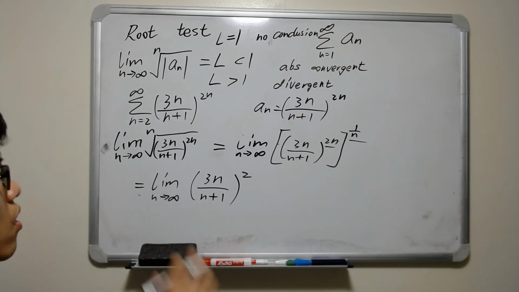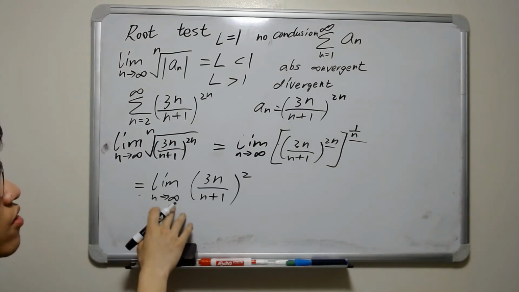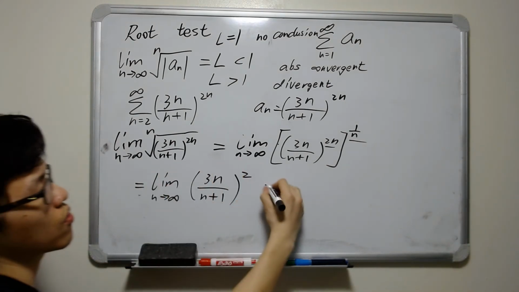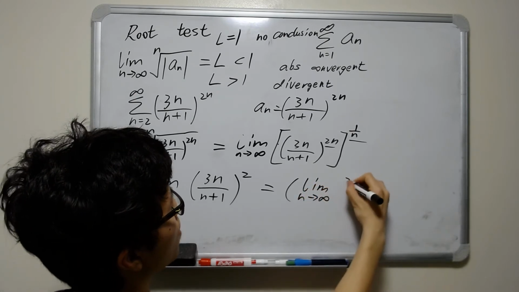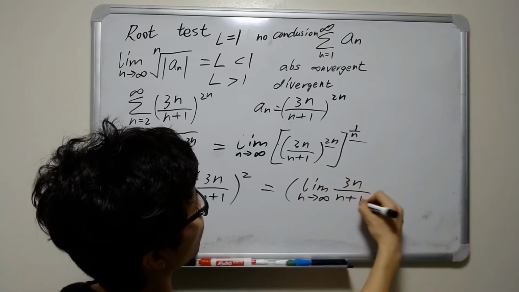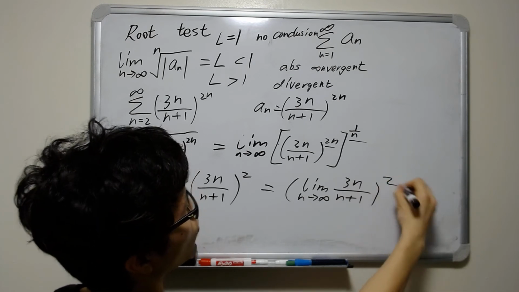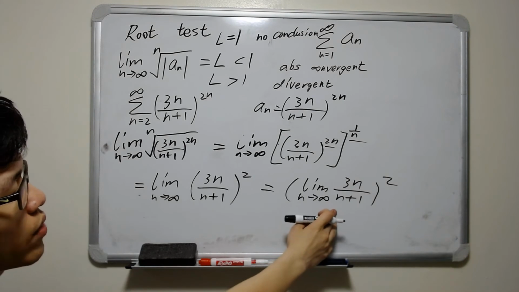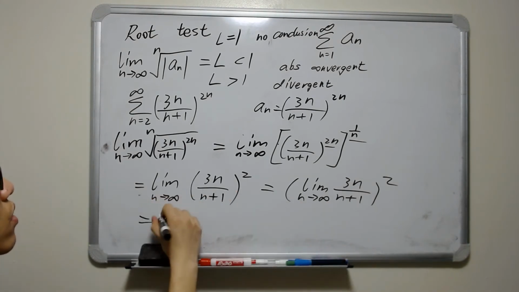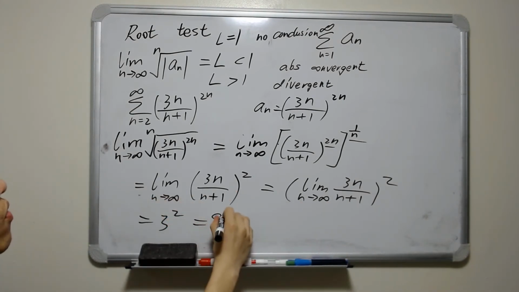Okay, so I can just take the limit inside the parentheses. It's the limit as n goes to infinity of 3n over n plus 1, and then squared. For the limit inside, we know it's 3, so it's 3 squared, which is 9.